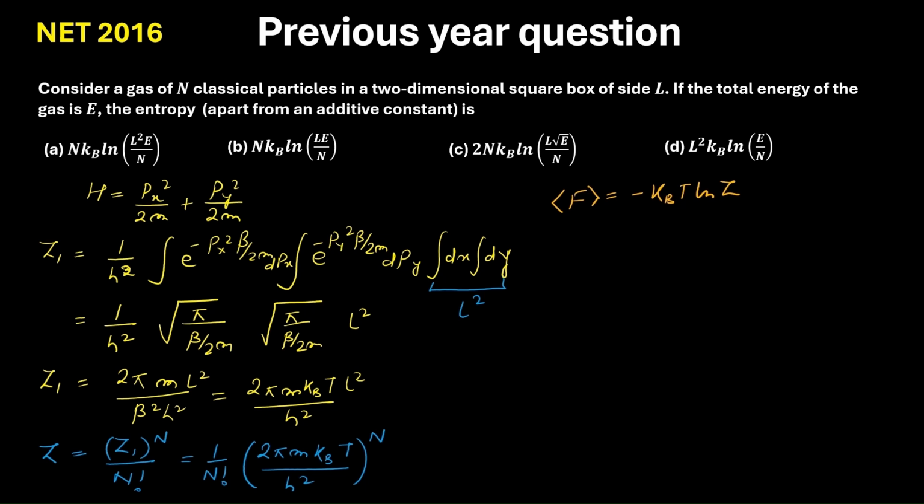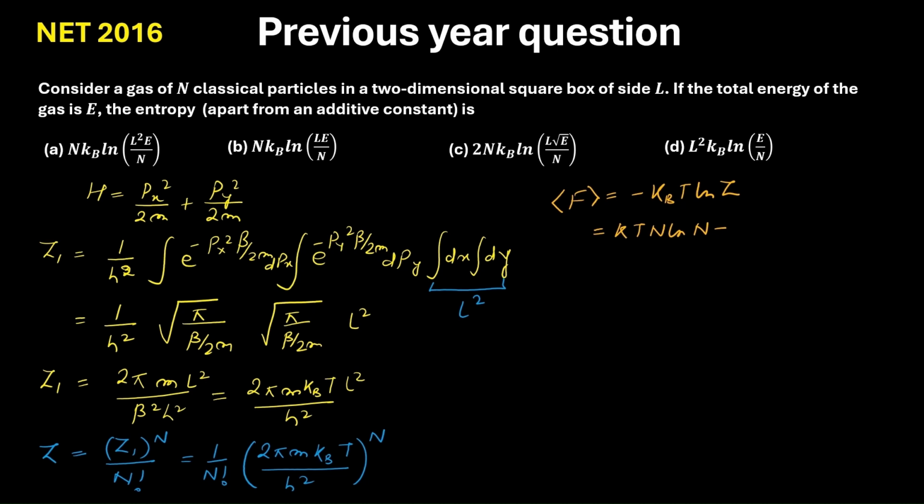Now you can pause the video, and here I'll write the final expression. So it will be kT n log of n minus... Here while calculating this, you have to use the formula that log of n factorial is equal to n log n minus n.